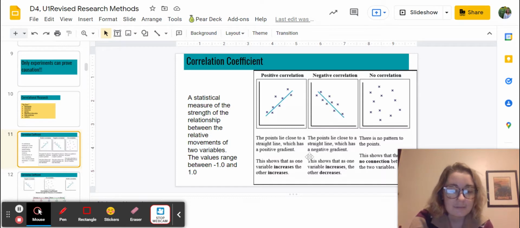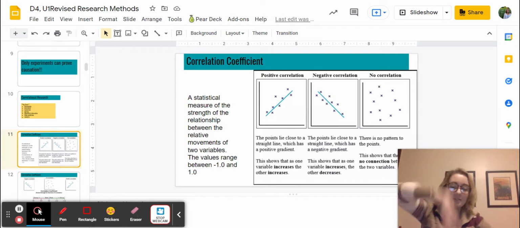Negative correlation is the opposite. It's also called inverse correlation. It says that when one thing increases, the other decreases. Maybe, and probably this isn't what actually is the case, but for the example, as the variable of being Italian increases, you're going to see a decrease in the amount of people who like pasta.